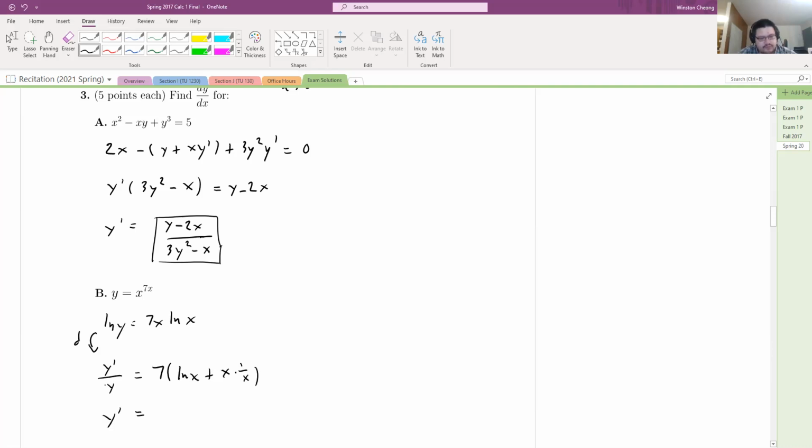But then I need to move the y to the other side, and I'm going to move it over and replace it at the same time. I think I'll just leave the 7 the way it is, not distributing. So I just rearranged it a little bit. So 7y times ln of x plus 1. So there we go. That's the derivative that I obtained.